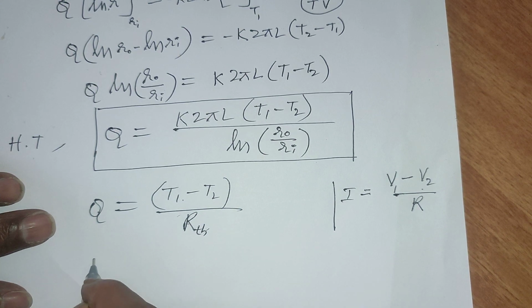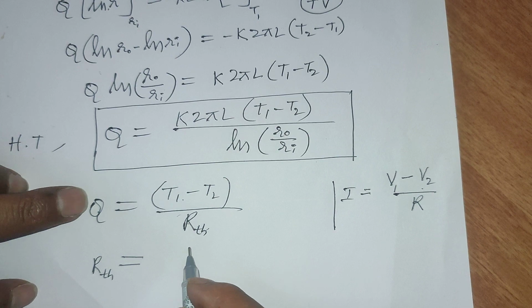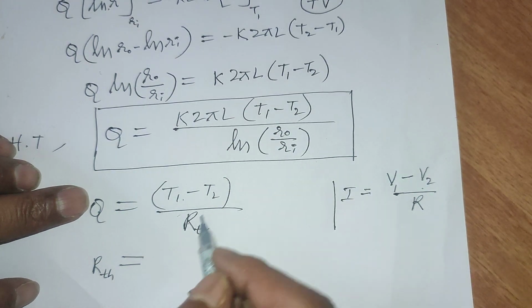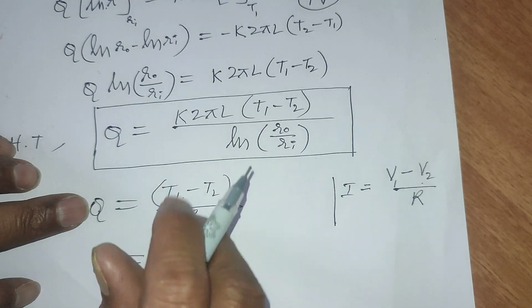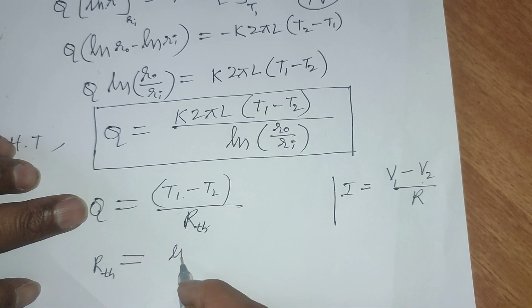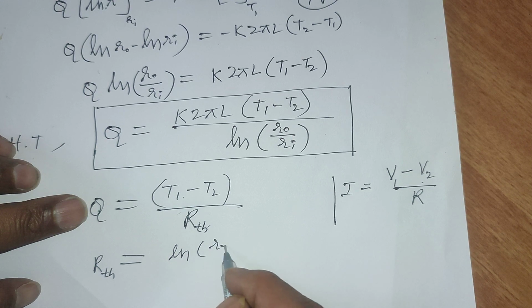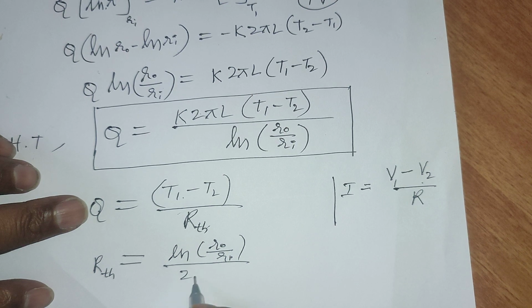Then what is the thermal resistance? You can write it as R equals ln r0 by ri divided by 2 pi KL.